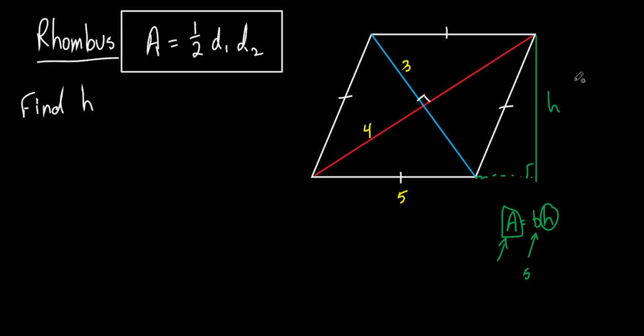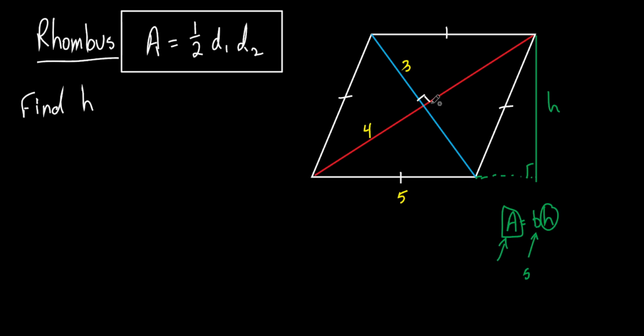If I find the area of that whole parallelogram, that equals the base times the height. Then I've got two things that I know and one thing that I don't know, and I can solve for it. All right, so let's do it.